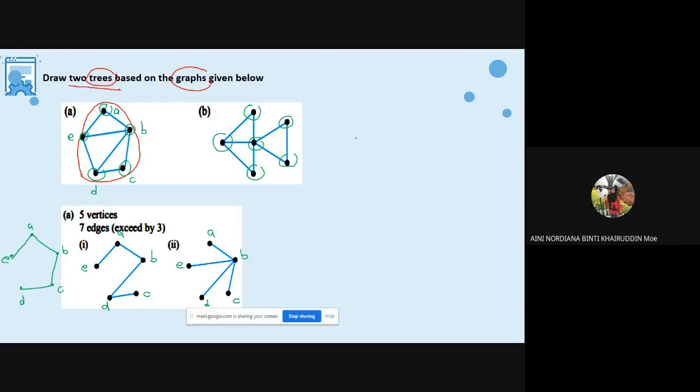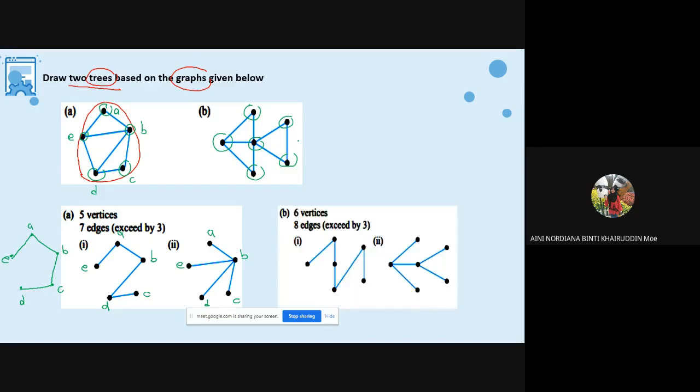Ada berapa? Hafi? Maybe? Lima edges. 5. Okay, betul. Kalau vertex ada 6, you punya edges mesti 5. So ni salah satulah. Ni 2 jawapan yang dibagi kat sini.